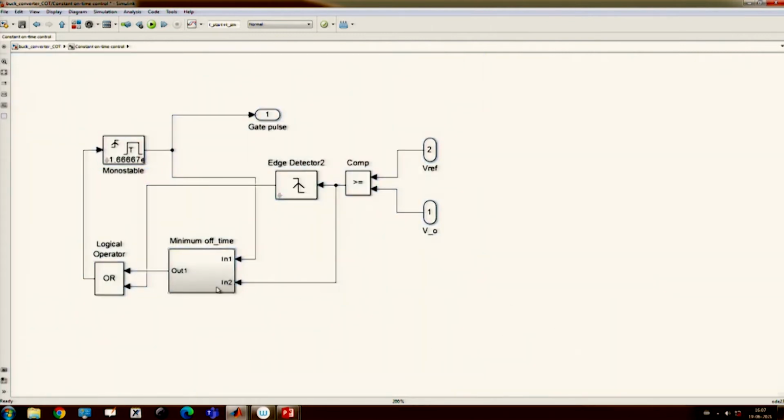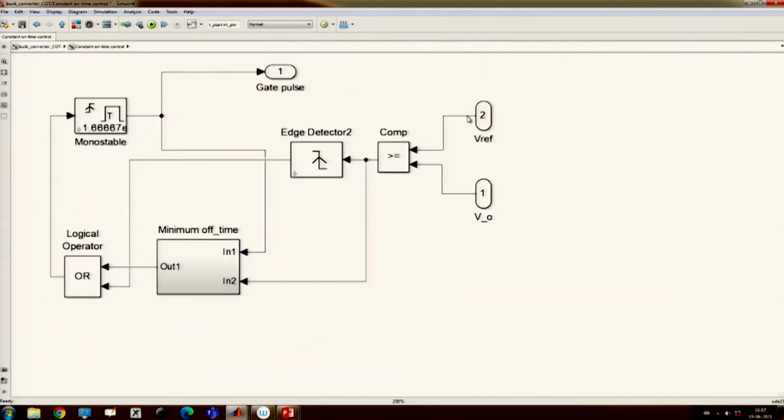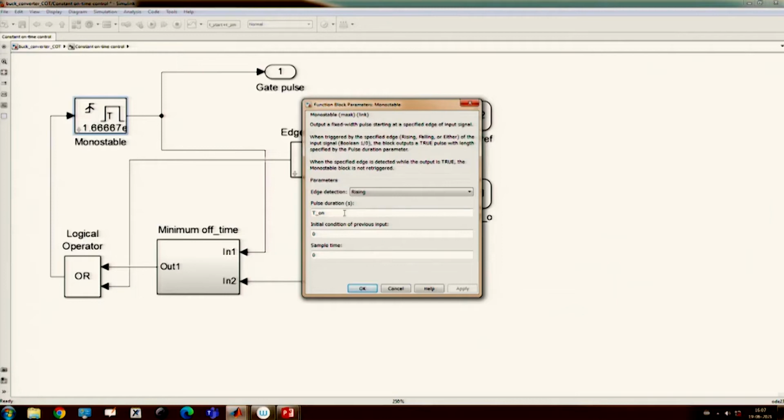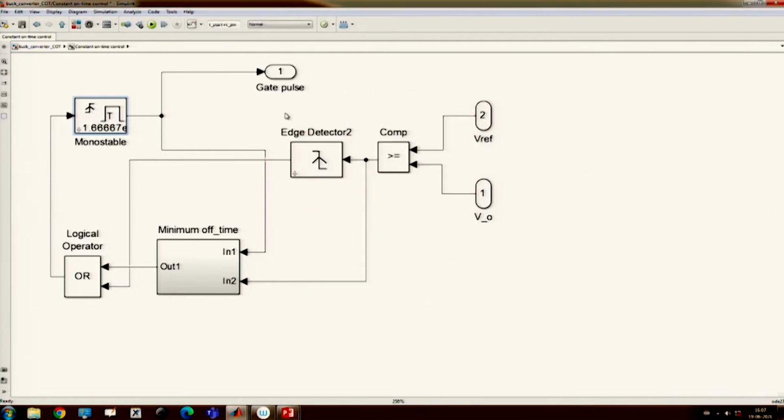So, here what are we doing? Two reference signals and the output voltage are compared. This is the first positive edge detection circuit, and this whole block actually implements the delay time, that is the minimum off time. Then this is the actual monostable multivibrator. The constant on time you can set from here, and this is a gate pulse.